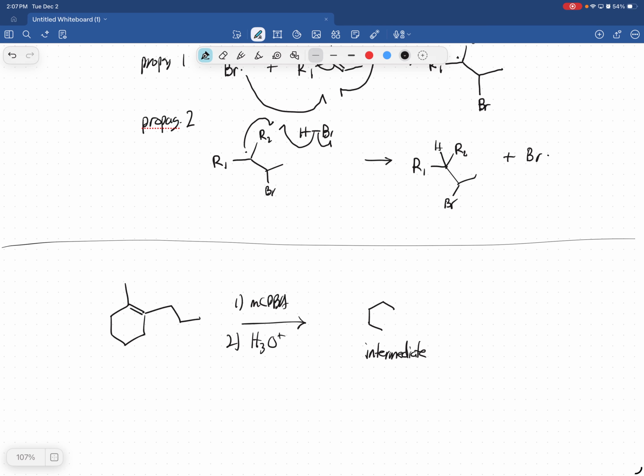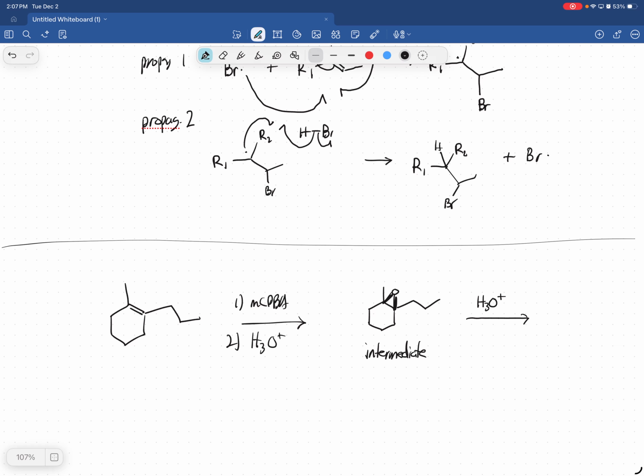Epoxide. Good. So I'm just going to draw one enantiomer. All right. What does H3O plus do? Outside this transformation right here, fair game. So what does the acid do? It opens the ring. Okay.